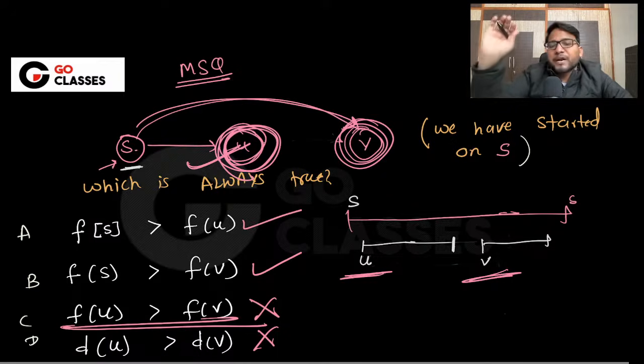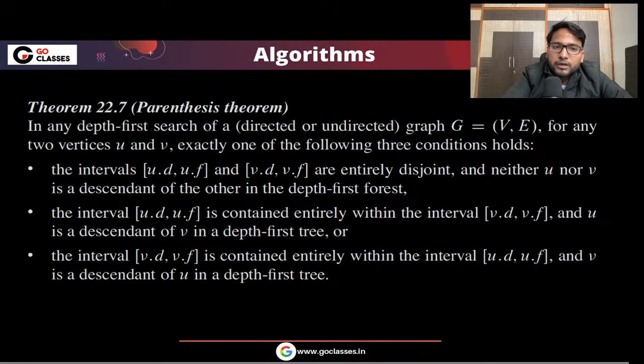Okay, so this parenthesis theorem is extremely important. You will get to understand why. This is the parenthesis theorem that I have taken from Cormen. What this is saying is that for any U and V, exactly one of three conditions holds.